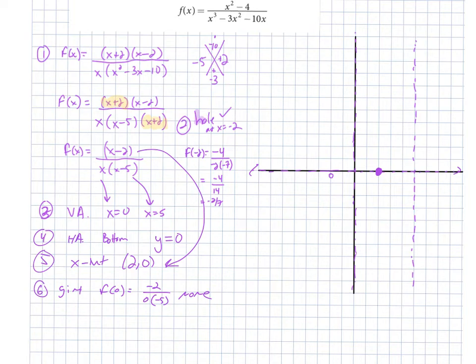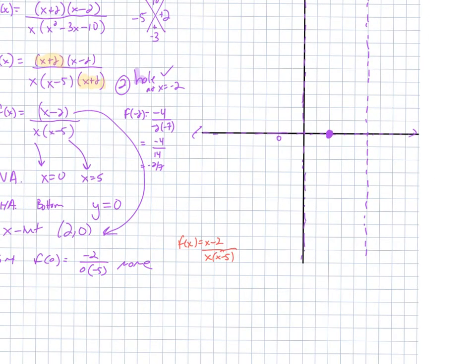So again, how do I start to graph this? You could just plug some numbers into what you have left here. So you've got this f of x equaling x minus 2 over x minus 5, and just plug some random numbers in to start to piece it together. So for example here, on this very left-hand side, I know it's going to be approaching this vertical asymptote and going down, and approaching this horizontal asymptote as it goes to the end. Between the two vertical asymptotes, I already have 1 point at (2, 0), so I'm going to plug in 1. What's f of 1?